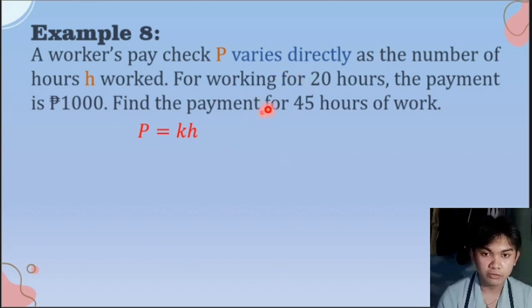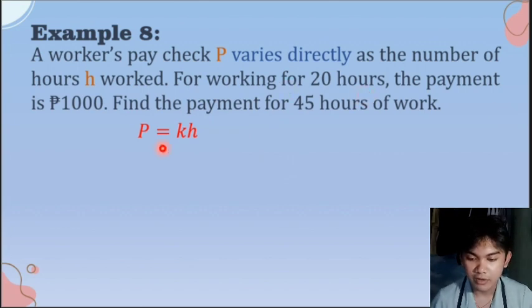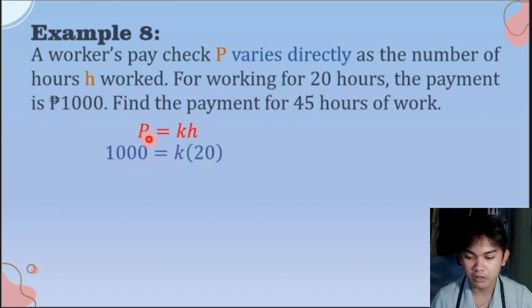So for working for 20 hours, the payment is 1,000 pesos. So we have the value for the hours, which is 20 hours, and the value for the payment, which is 1,000 pesos. So substitute the P with 1,000 and substitute the H with 20. So we can get the value of k by eliminating the 20 here.